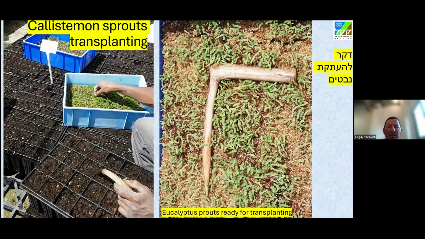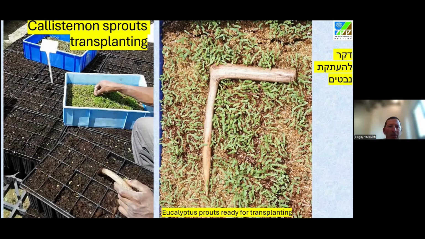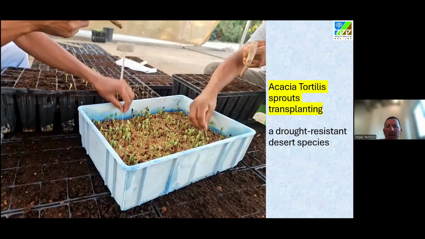And you can see even here. I don't know why the film is not working. Maybe now. Okay, and this is Acacia tortilis sprouts that the workers are transplanting. That's also a very drought-resistant desert species.